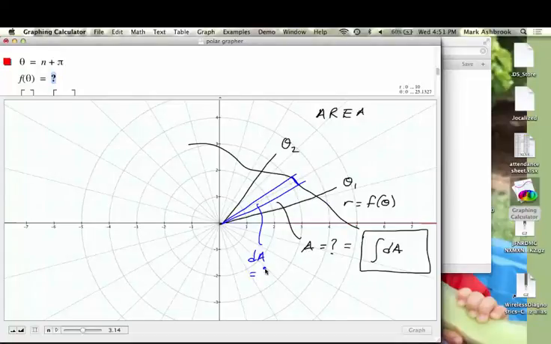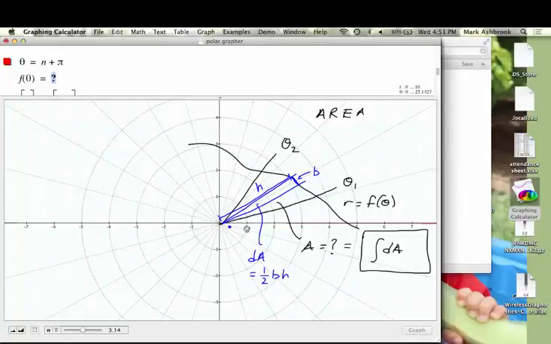So dA is going to be 1/2 base times height. This is going to be the base, and the height will be this distance out here, from here out to here. We're going to do 1/2 base times height.